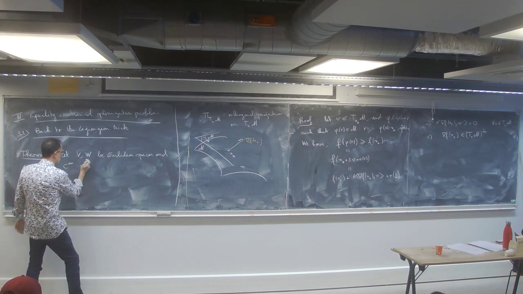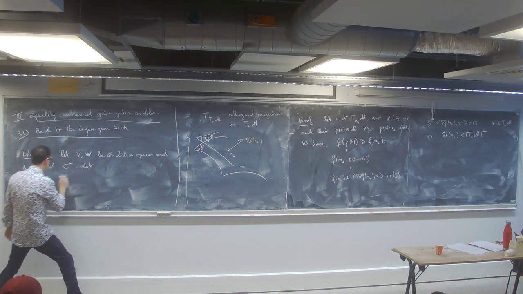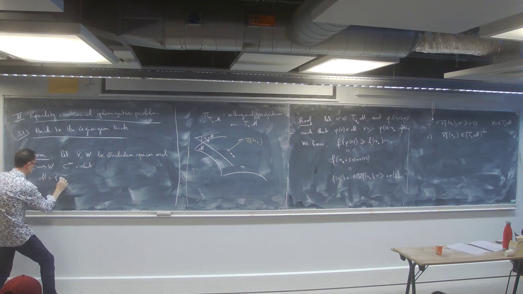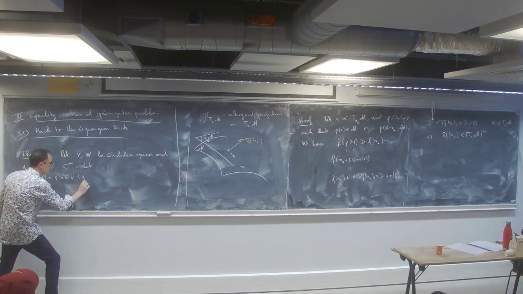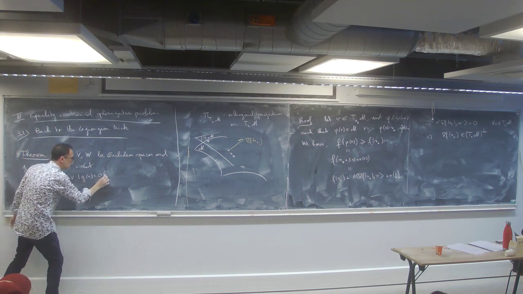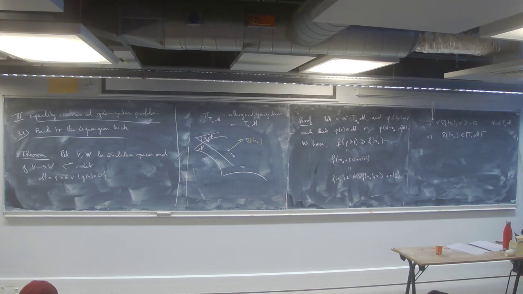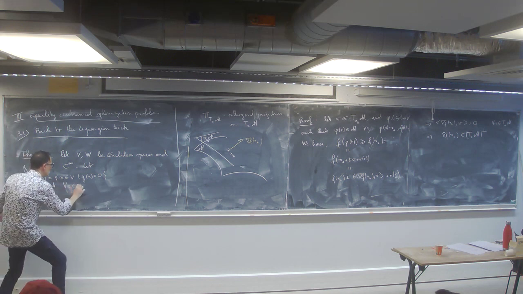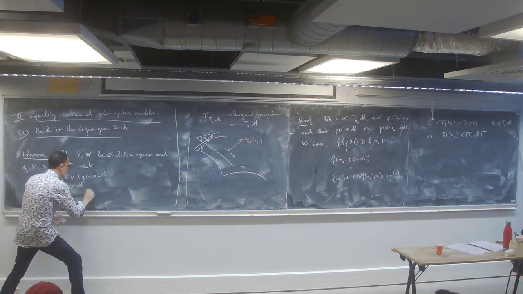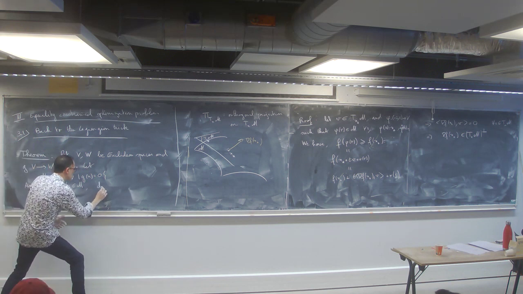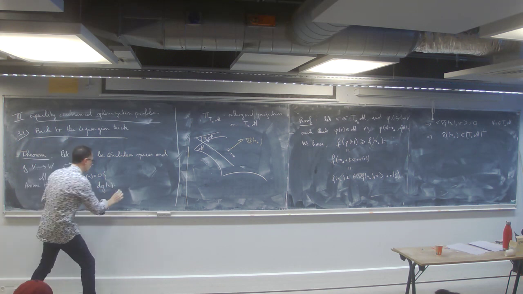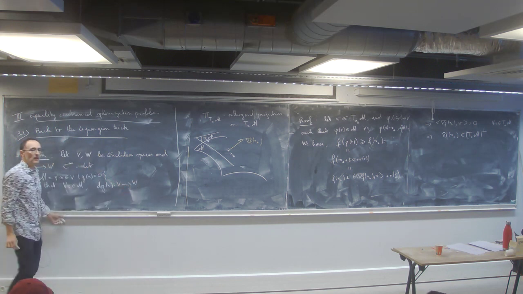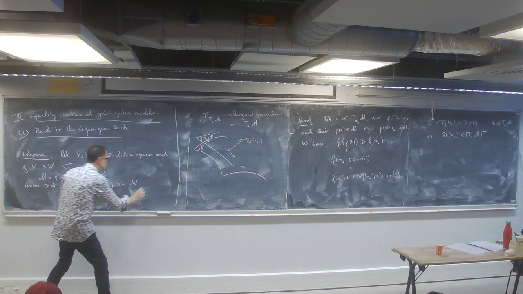Now I define M, which is the set of X in V such that G of X is equal to 0. And now let's assume that for all X in M, the derivative of G at X, which is a linear map from V to W, is surjective.